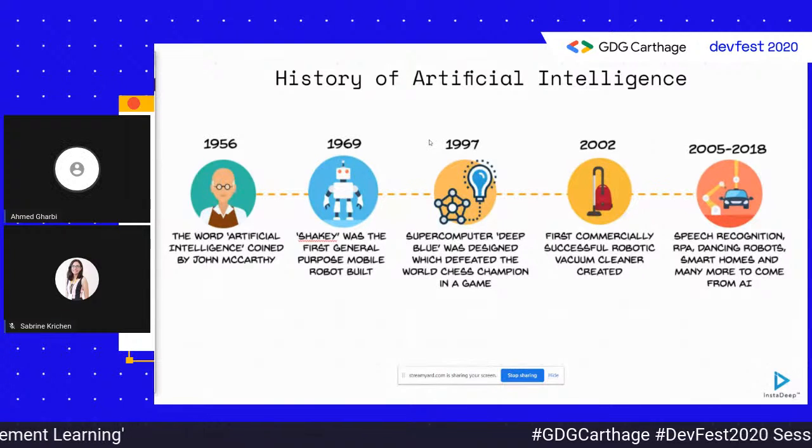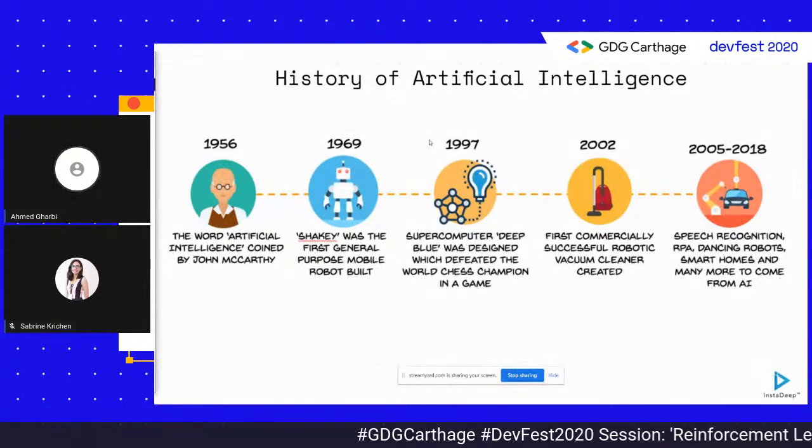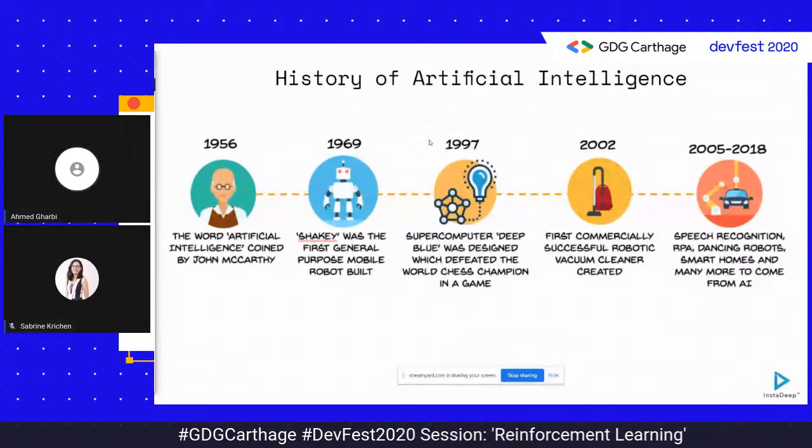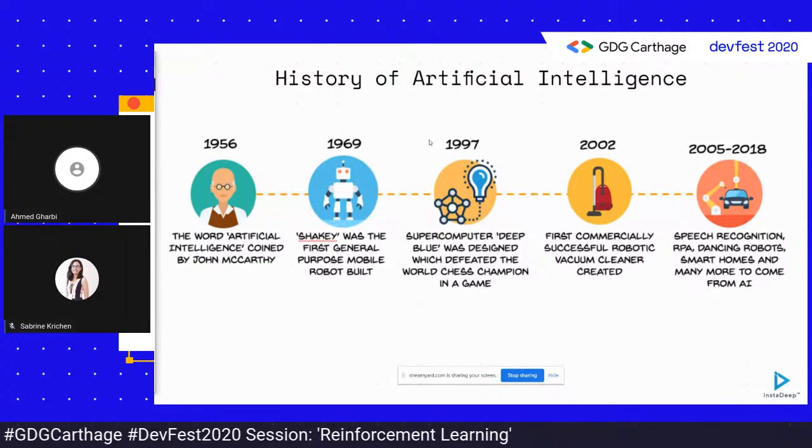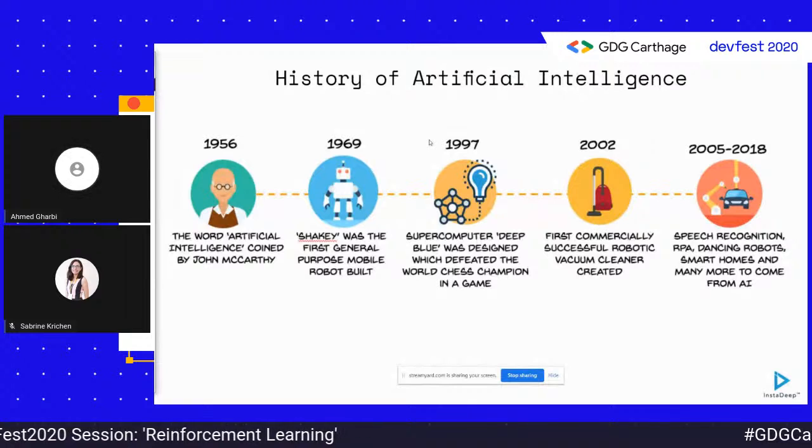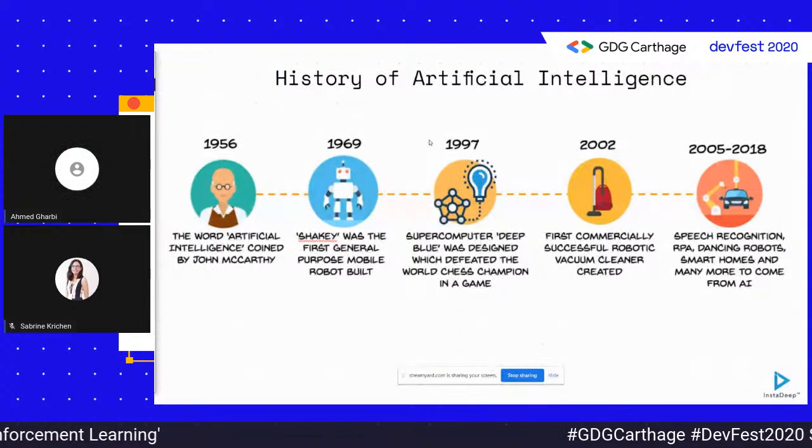In 1997, IBM developed Deep Blue, which was the first supercomputer to win a chess match against a reigning world champion under regular time controls.